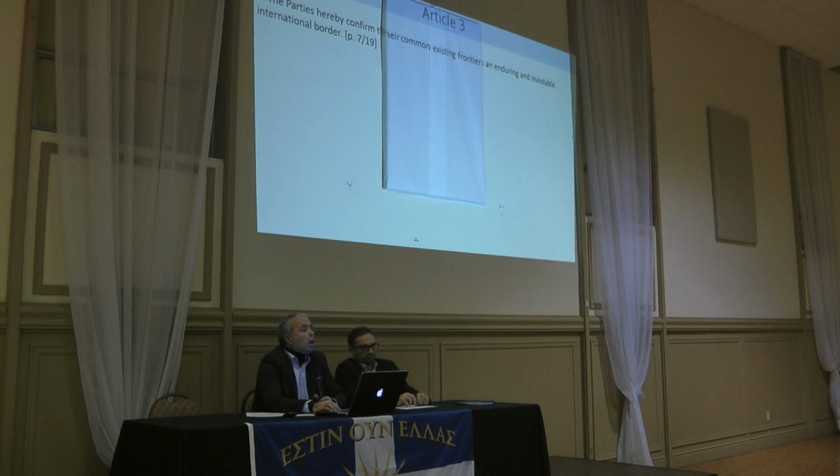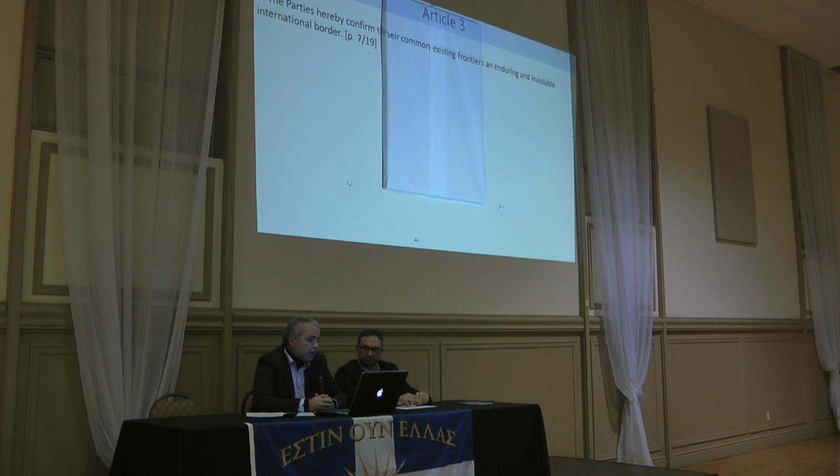Next one, Article 3. So this article was presented in Greece as a great achievement. Why? They explained to us that with this article, now the borders are clear. The international borders are clear. But in fact, it's wrong, because in fact, FYROM is afraid of Greece, and not the opposite.